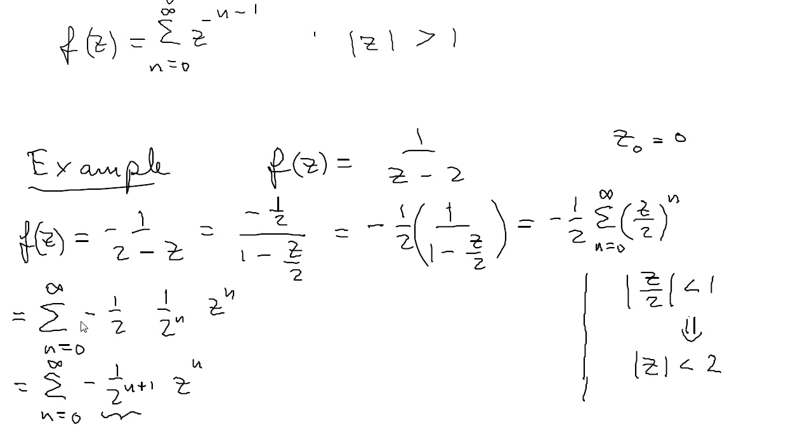And well, we see here I can multiply this minus 1/2 by all these terms inside the sigma symbol, and then I obtain this expression, and multiplying this 1/2 by 1 over 2 to the power of n, then I obtain minus 1 over 2 to the power of n plus 1.